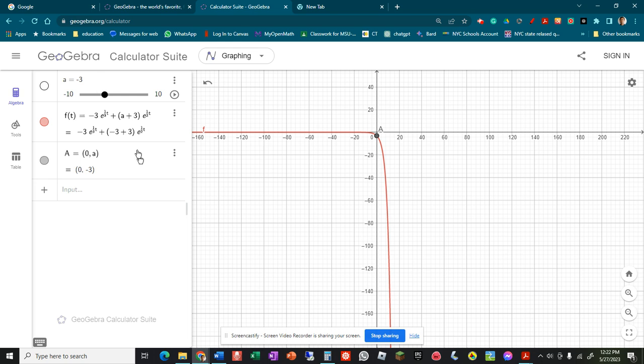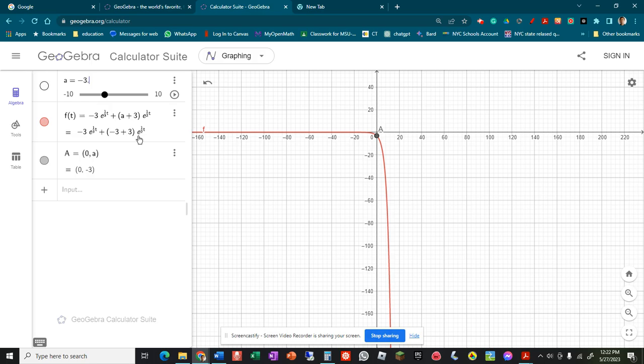Let's see if I put -3.1. Oh, it doesn't change. So we thought it's -3, but it's not actually. It looks like something like -2.8, maybe very close to -3 actually. Perhaps it is -3.